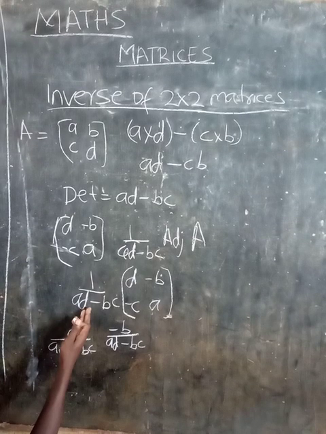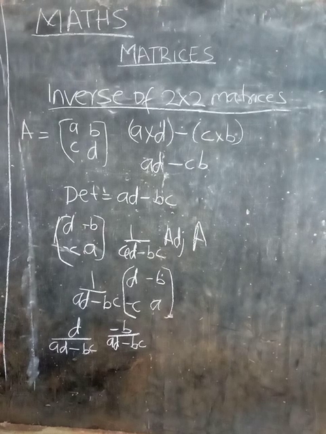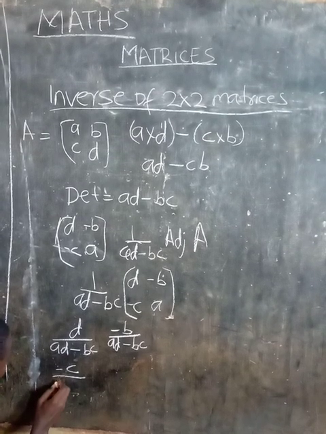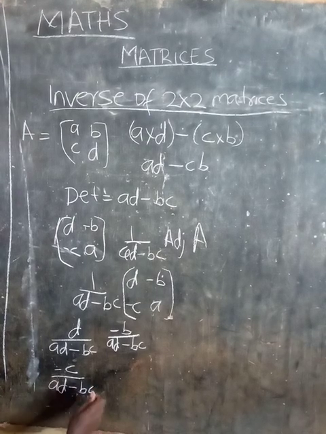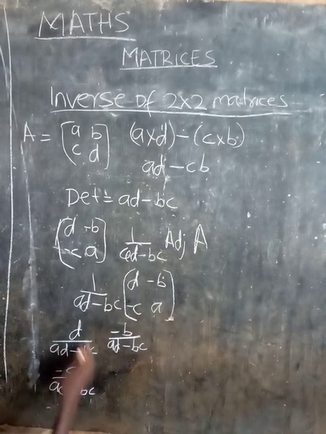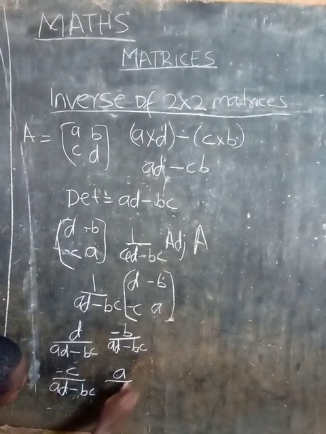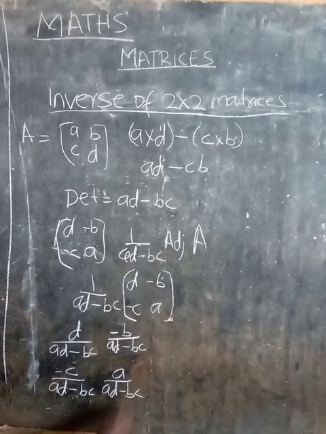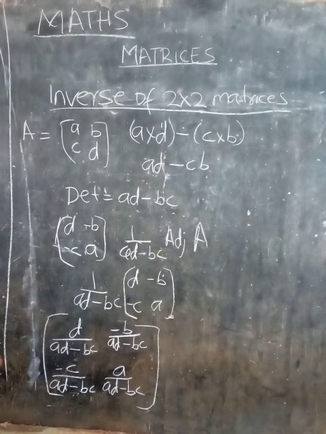Multiplying 1 over AD minus BC by negative C, we get negative C over AD minus BC. Then finally, we multiply 1 over AD minus BC by A, and we have A over AD minus BC. Then that will be our inverse.